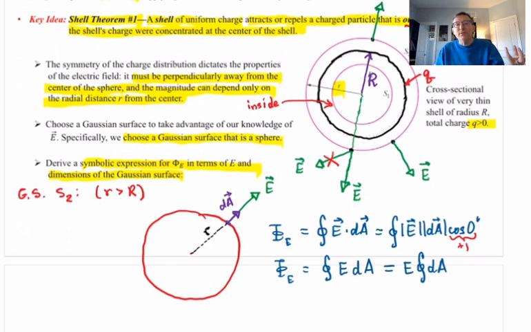It says take the magnitude of E and then take the area of every single little patch on the surface and add them up. Well, won't you just get the total surface area of the sphere? So you'll end up with the magnitude of the electric field times the total surface area of that Gaussian sphere.